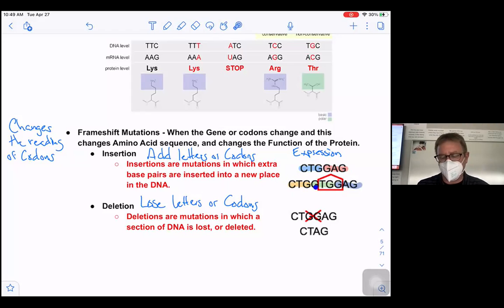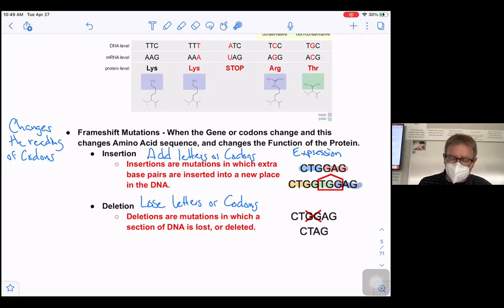We get the second one now of GTG, which changed. And we get the third one now of GAG. So again, we've added a whole new codon, but you also could just add a letter to it as well, which would then change the way the codons get grouped after the insertion.